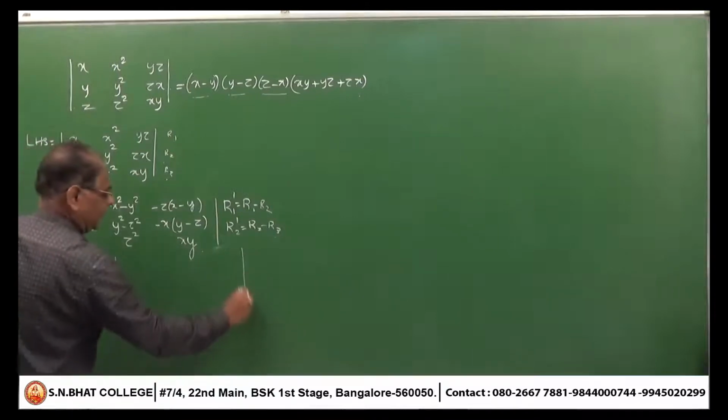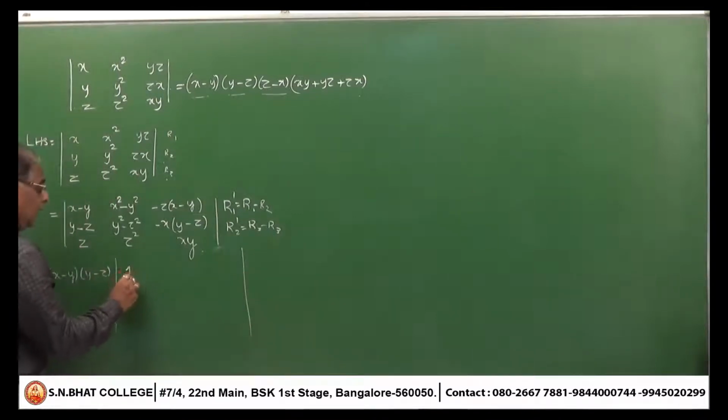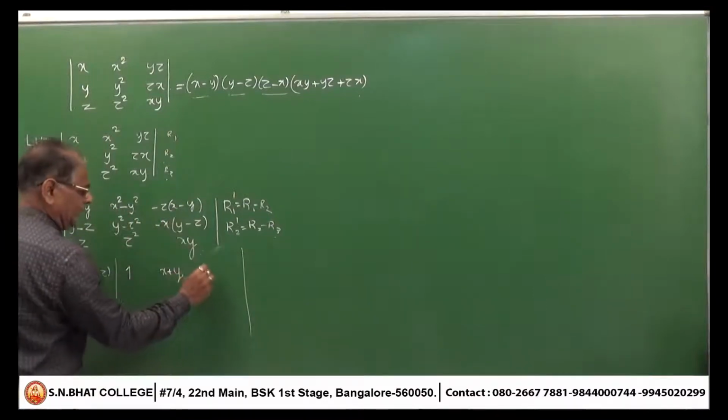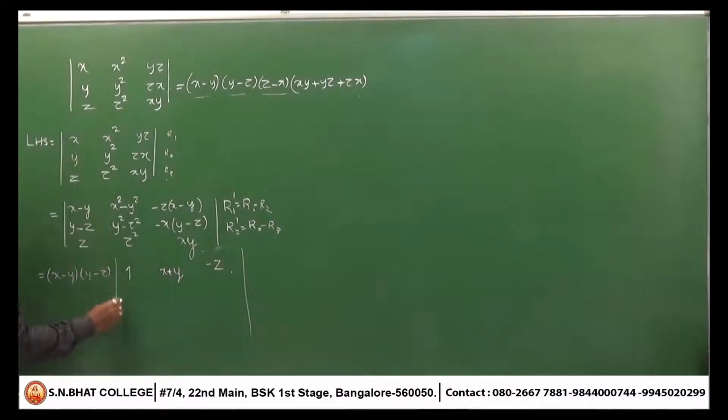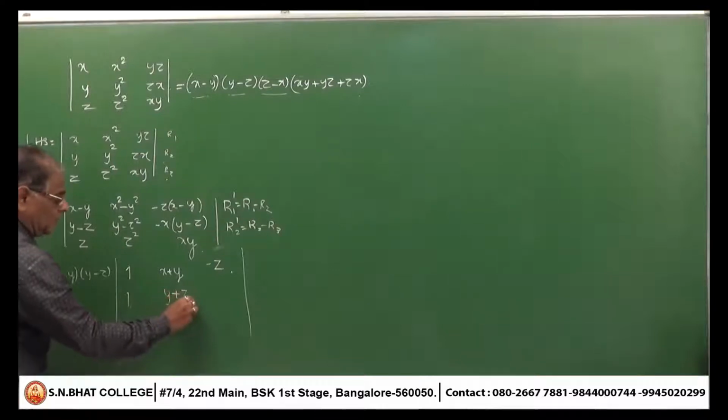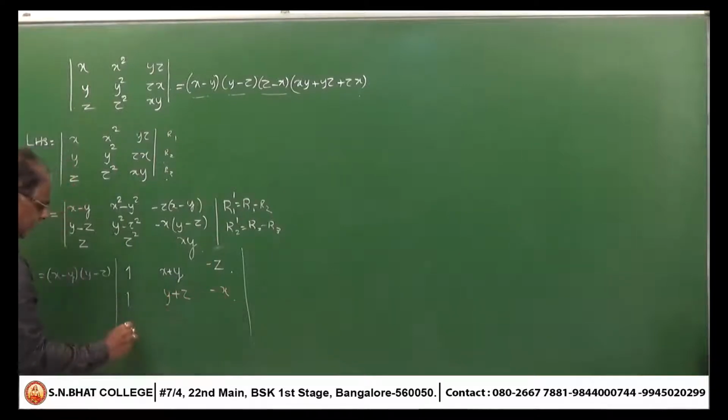This is determinant of 1, here I have taken x minus y common factor, you are left with x plus y. X minus y into x plus y is x square minus y square. Here I have taken x minus y common factor, minus z. Next, y minus z common factor, 1, y plus z, minus x. Write third row as it is.